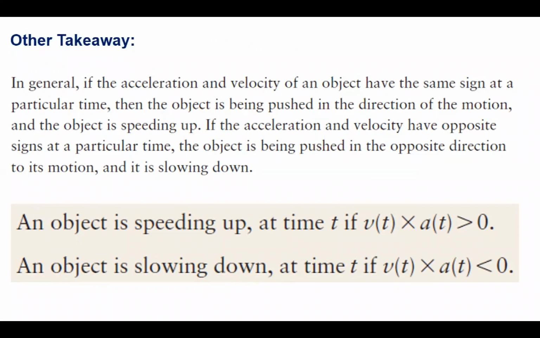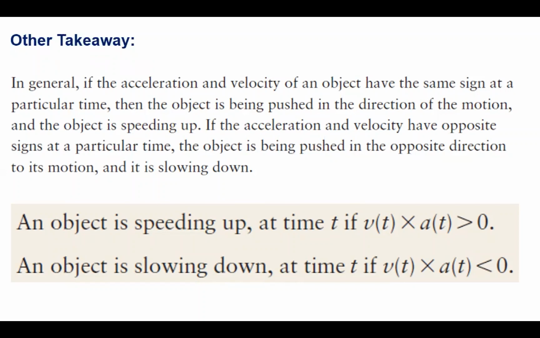If the acceleration and velocity have opposite signs at a particular time, then the object is being pushed in the opposite direction to its motion, and it is slowing down.